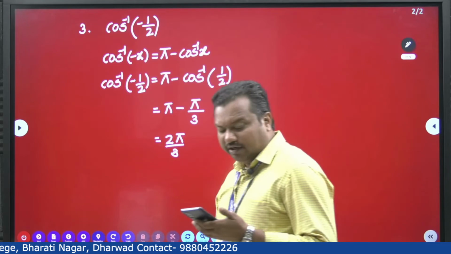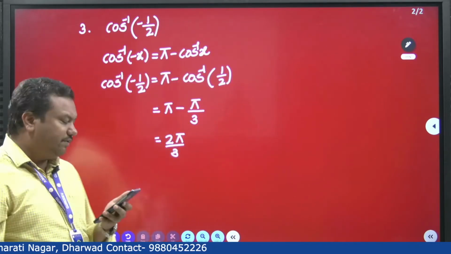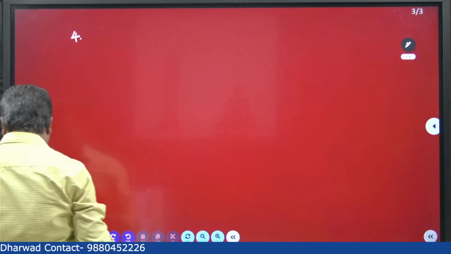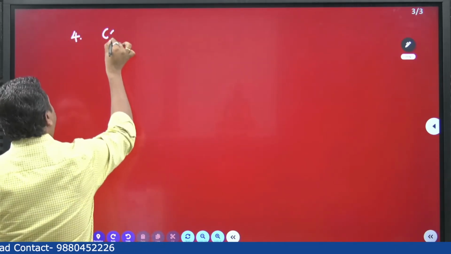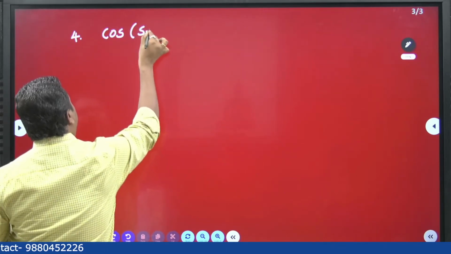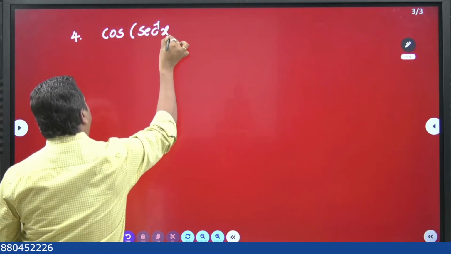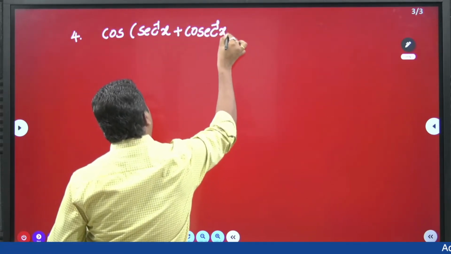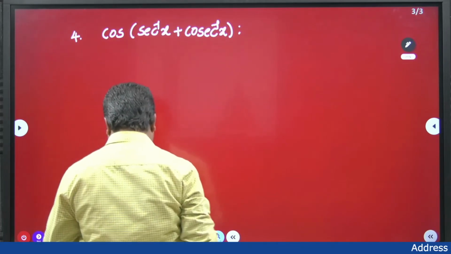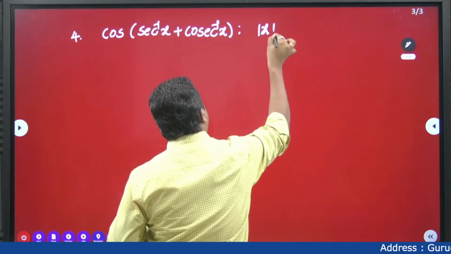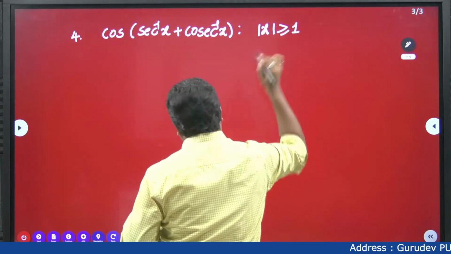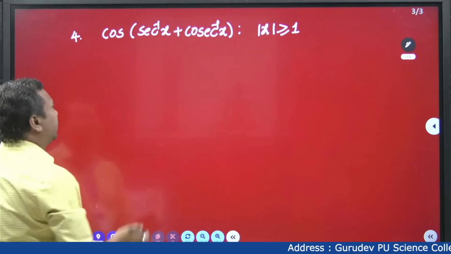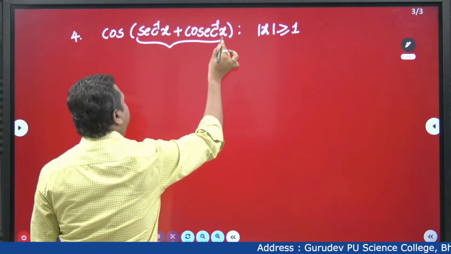Again, it's on the inverse trigonometric function only. Find the value of cos of secant inverse x plus cosecant inverse x, such that mod of x is greater than or equal to 1. Again you can remember it follows a standard inverse trigonometric identity, right?